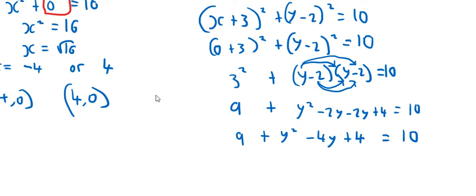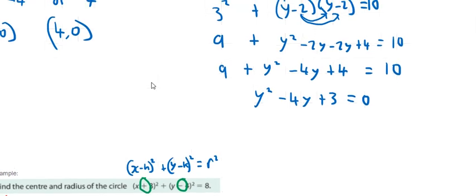Then I can put all the like terms together. So 9 plus 4 would be 13, and then if I bring across the 10 to the other side, or subtract 10 both sides, I get 3. So y² - 4y + 3 = 0. And what you've got here is actually a quadratic.